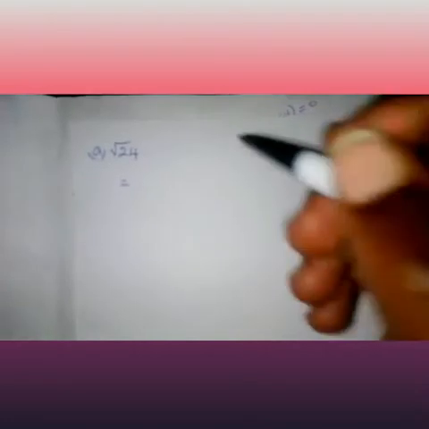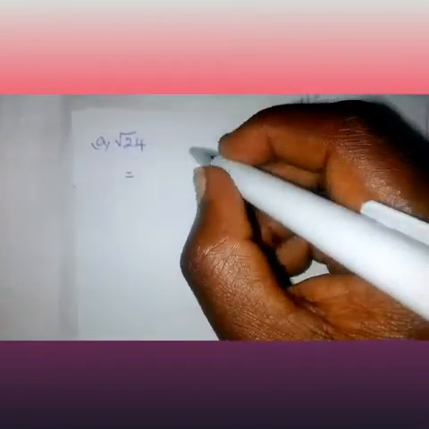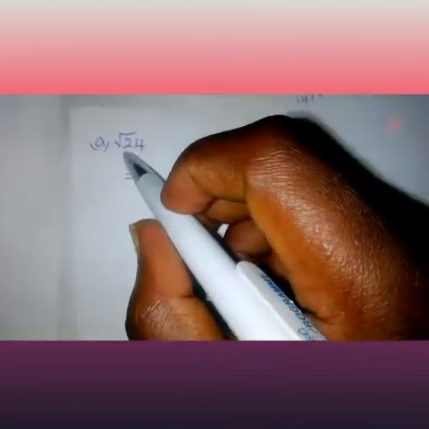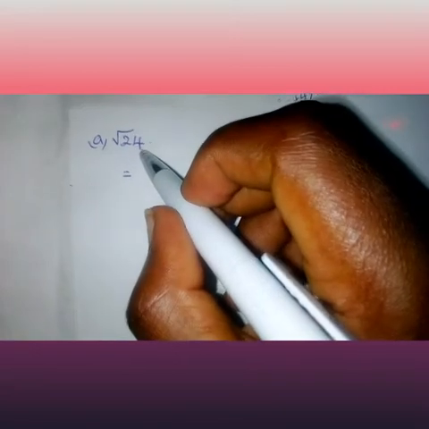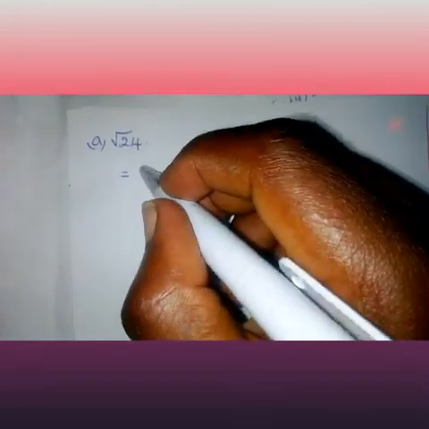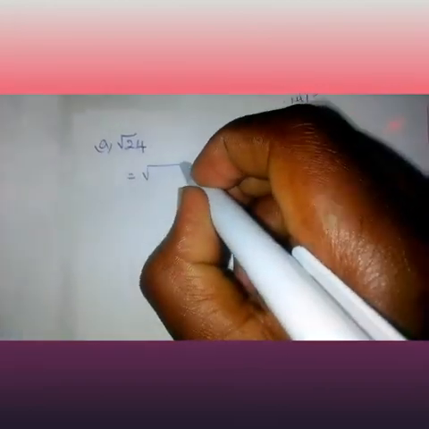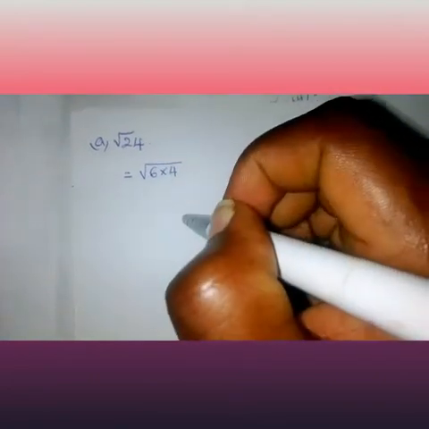So part A. Our major aim is to simplify. And so we are going to look for two numbers that we can multiply to get 24. But one of those two numbers should have a direct root, or maybe to say one of those numbers should be a square number. So when I think about it, the two numbers are going to be 6 and 4.